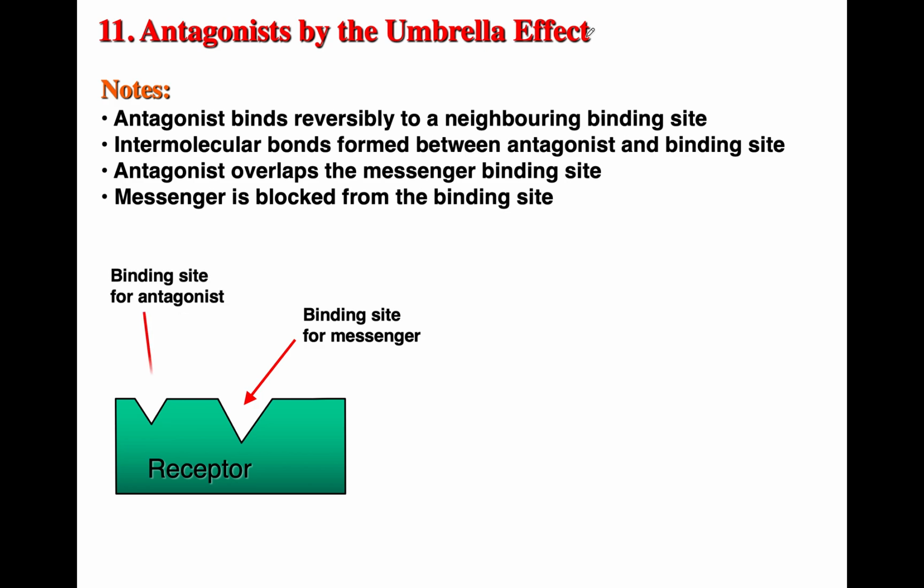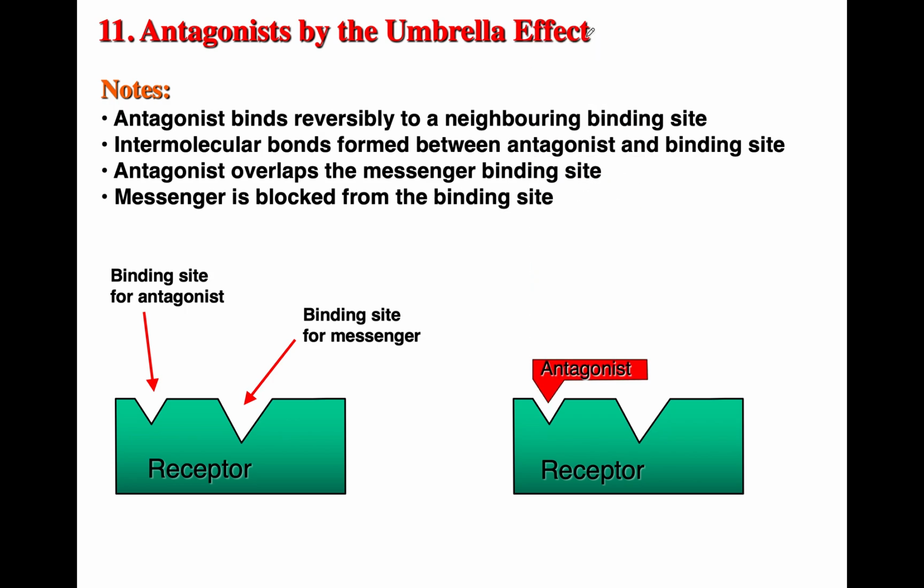You have the binding site for the messenger and the binding site for the antagonist. The antagonist comes in and binds, and as you can see, it not only binds to its binding site, it also obstructs the binding site of the natural messenger. So now the messenger comes in and it cannot interact with its binding site.